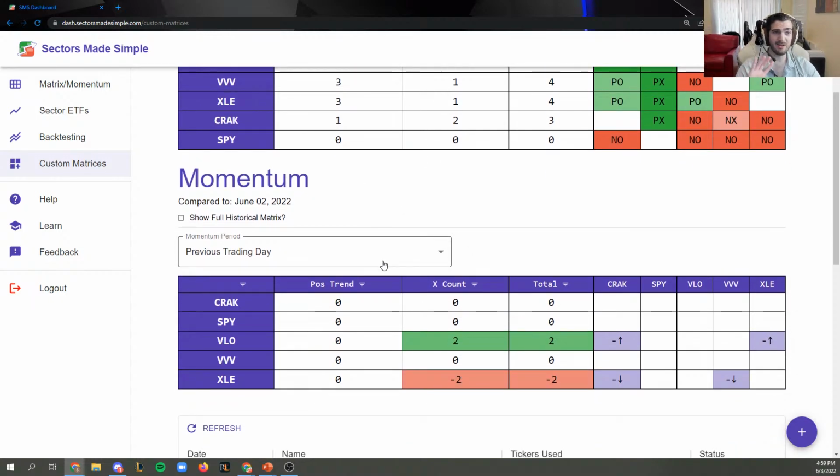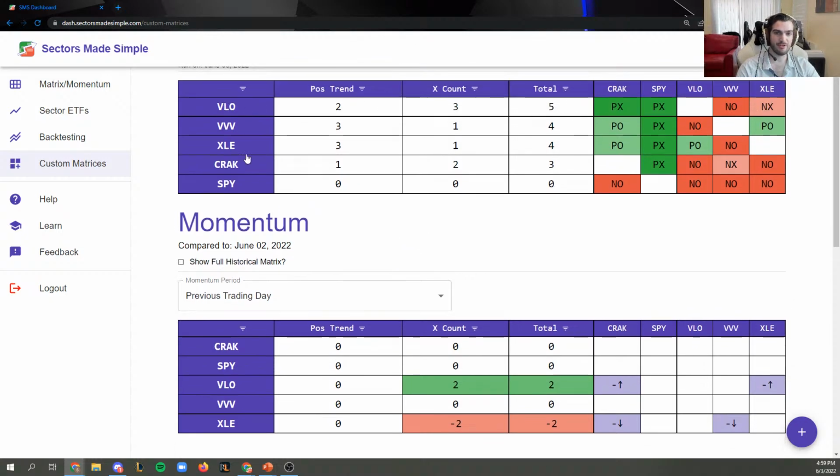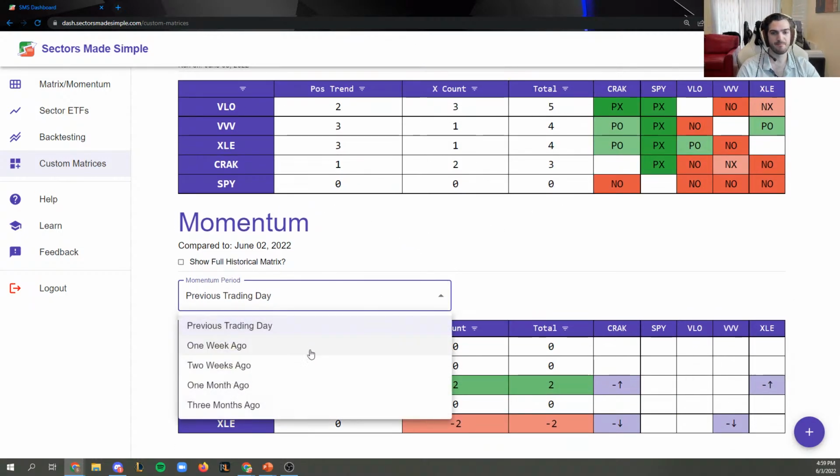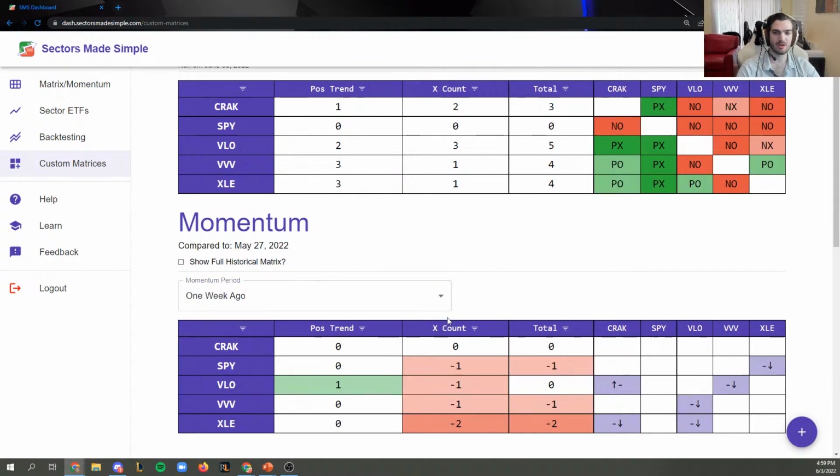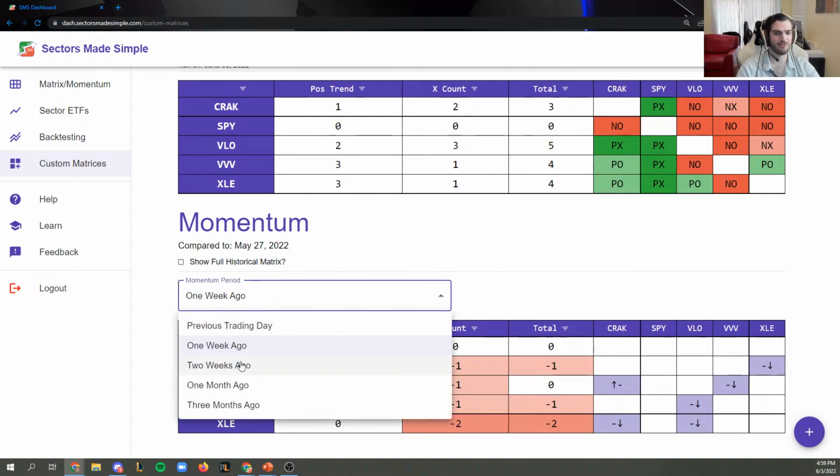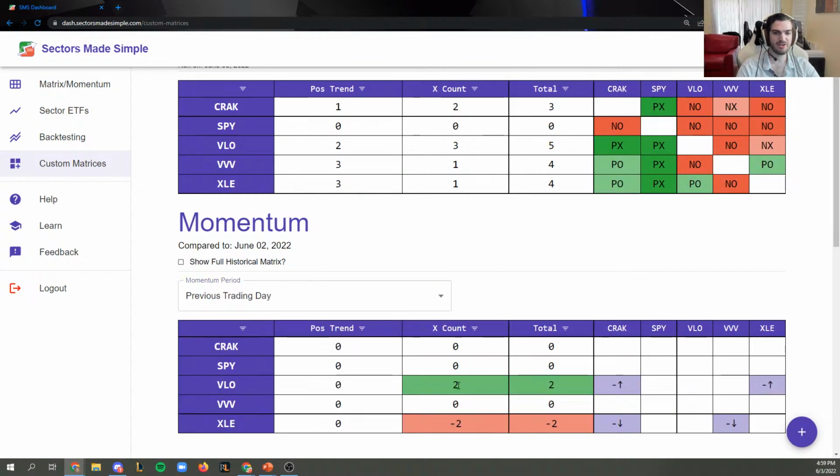And again, we go into more detail about why this matters and how you can use it, but if we see how this chart has changed over time, compared to 1 week ago, everything has lost strength, but compared to yesterday, Valero gained +2 in short-term strength.